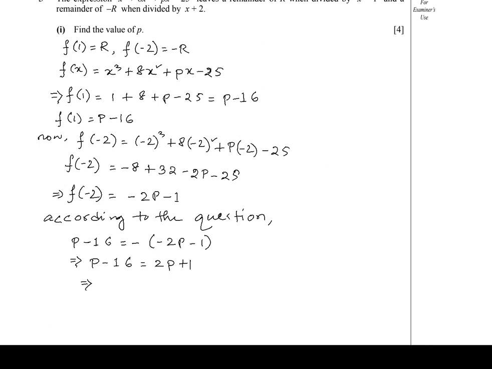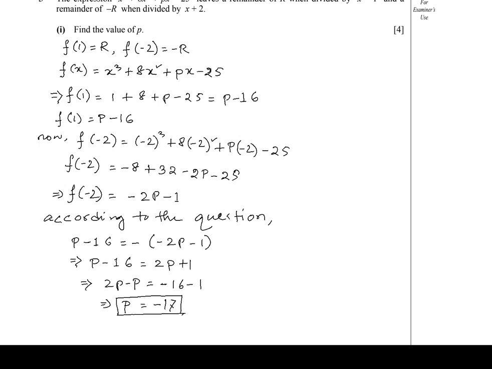So let's rearrange this equation and we can write 2p minus p equals minus 16 minus 1, which gives us p equals minus 17. So the first part of our question is done.